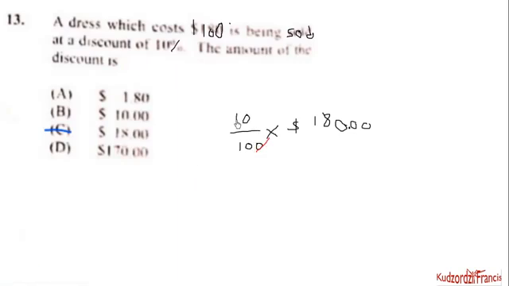So we are left with 1 here, 1 out of 10. 10 will go into 180 how many times? 18 times. So 1 times 18 will be $18. So the correct answer will be $18, which is option C.